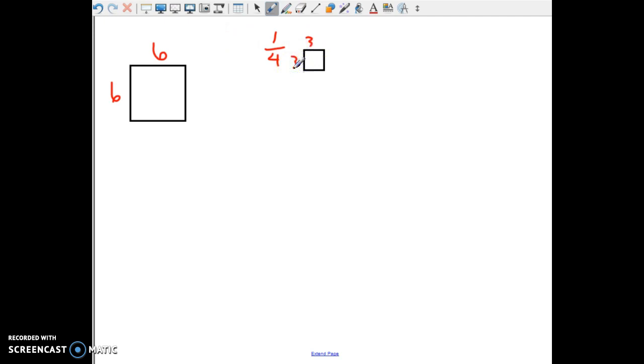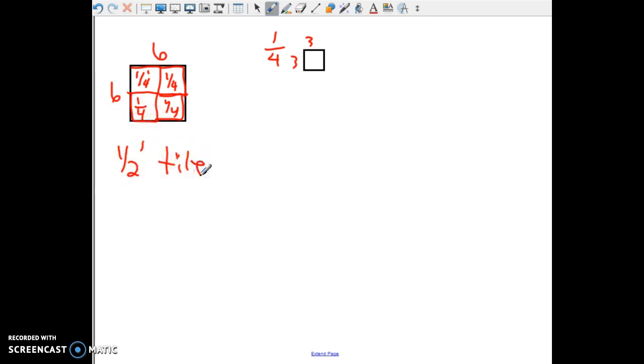So if I come over on my drawing and I draw 3 inches by 3 inches, there is one of my 1/4 foot tiles, and 3 inches by 3 inches again is one of my 1/4 foot tiles, and I would be able to fit 2 more 1/4 foot tiles in my 1/2 foot tile.